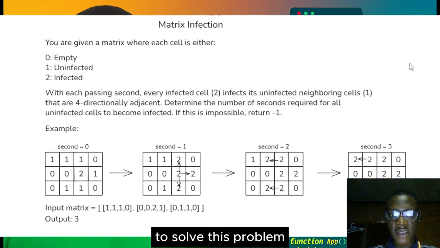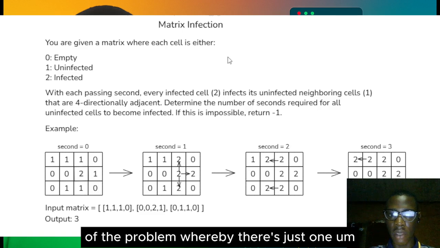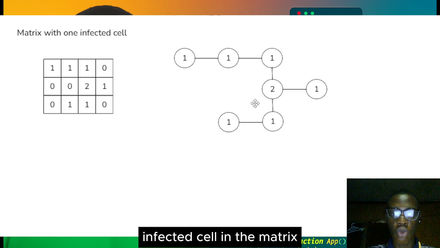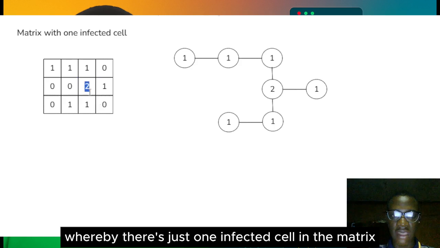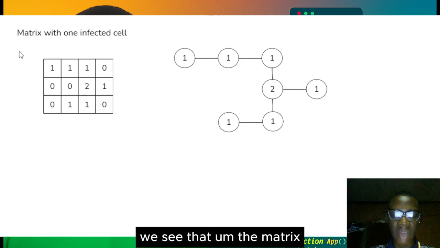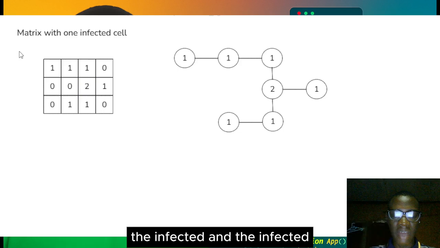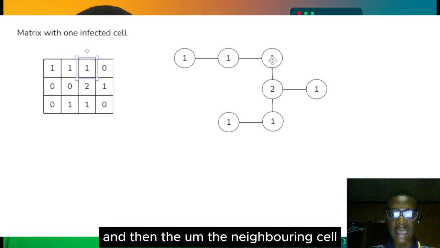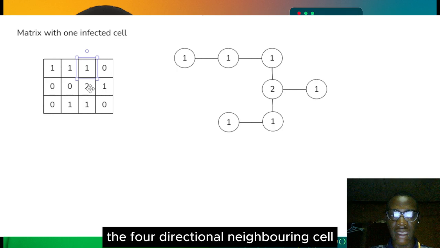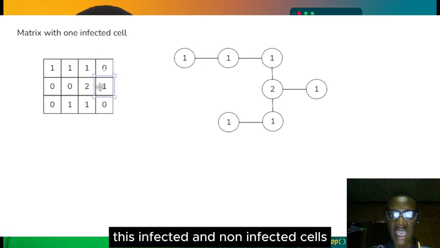To solve this problem, let's consider a simple version of the problem whereby there's just one infected cell in the matrix. So let's consider this example here whereby there's just one infected cell in the matrix. We see that the matrix can be represented as a graph data structure whereby the infected and the uninfected cells are represented as nodes, and then the 4 directional neighboring cells can be represented as edges or connections between these infected and uninfected cells.